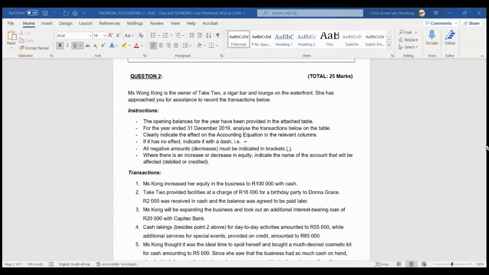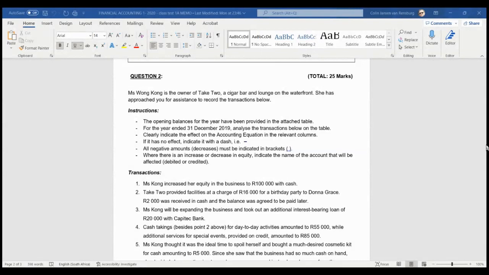Which elements will be affected? Let's look at the amount, the cash. Let me just read that again. Increased the balance with cash, 100,000 rands cash. So which elements will be affected? Assets, liabilities, or equity, or which combination of those?